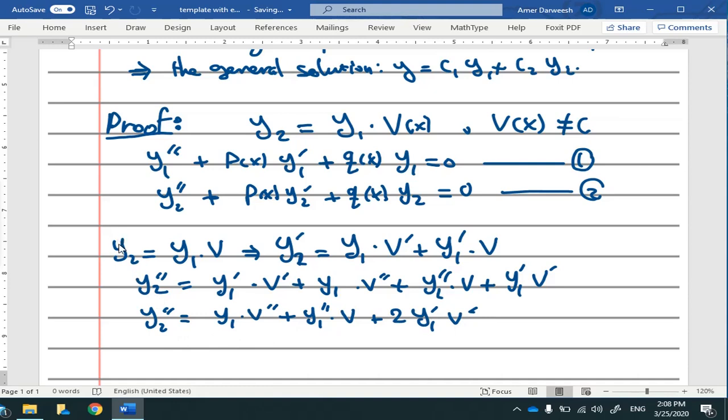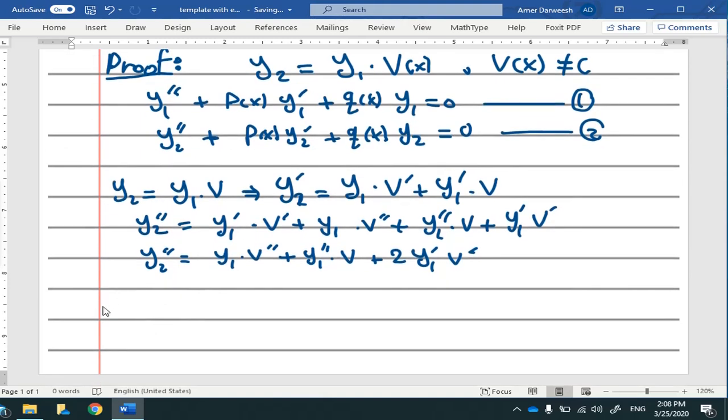Now plug y2, y2 prime and y2 double prime into equation number 2.